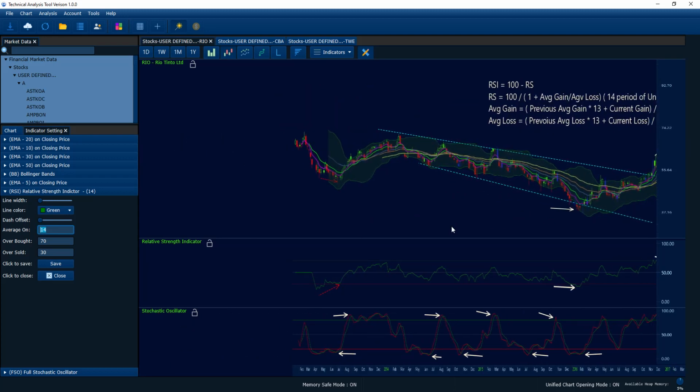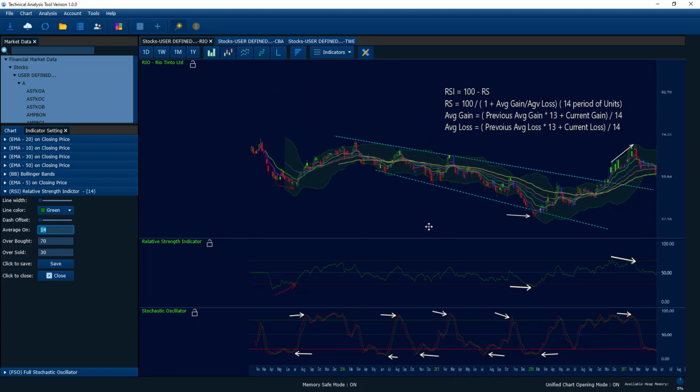That's the first thing I want to tell you. The RSI generates much fewer signals, so it's more significant if you see RSI oversold.